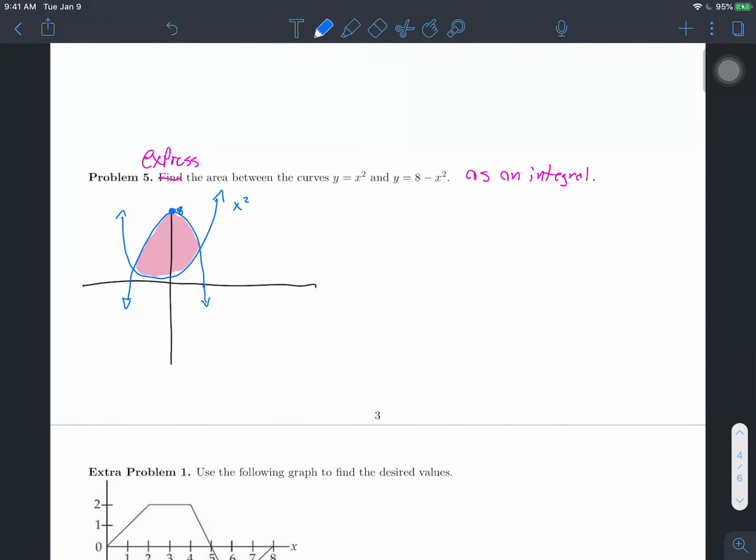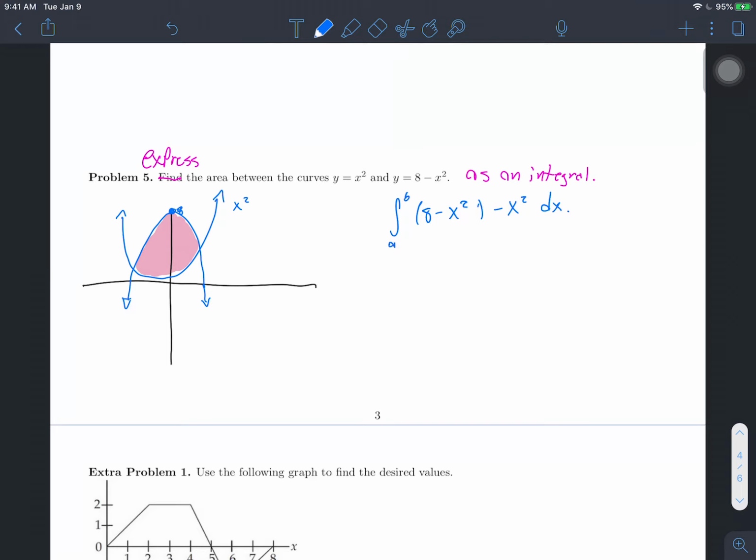So we know it should be the integral from a to b of our top function minus our bottom function. So the way I could write that would be the integral of 8 minus x squared, that's the top function, minus the bottom function, x squared, dx. But there's still a lingering question here.